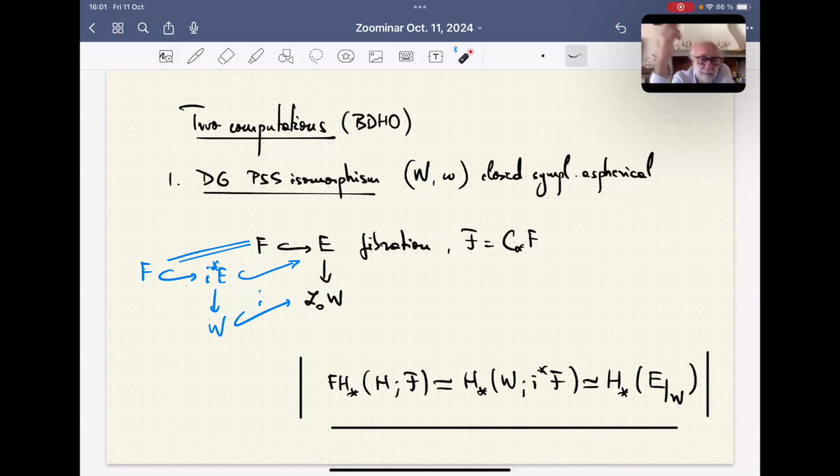So everything that I'm doing here is specific to the symplectically aspherical case. So I call this PSS isomorphism, but I place myself in a setup where there are no holomorphic spheres. I think there's a very interesting story when there are holomorphic spheres, but it's not about that today.